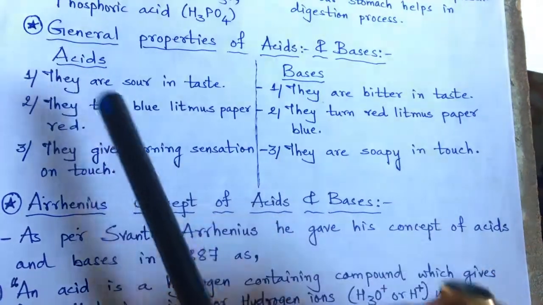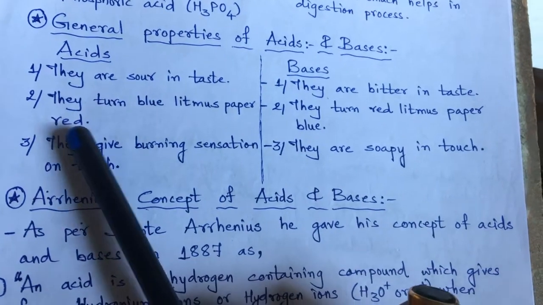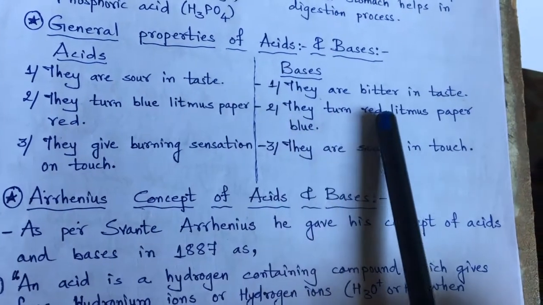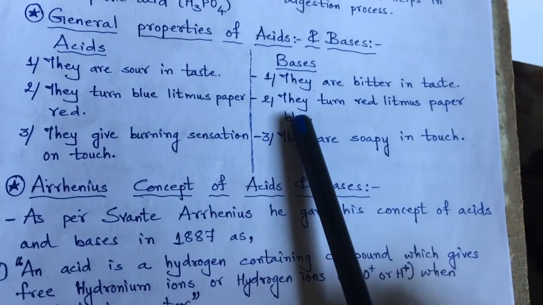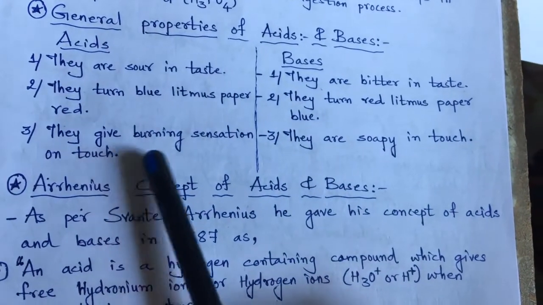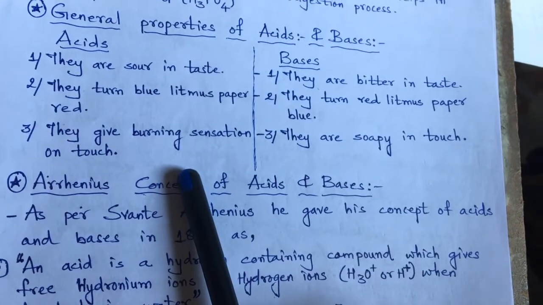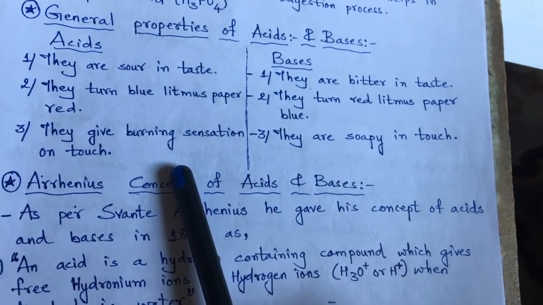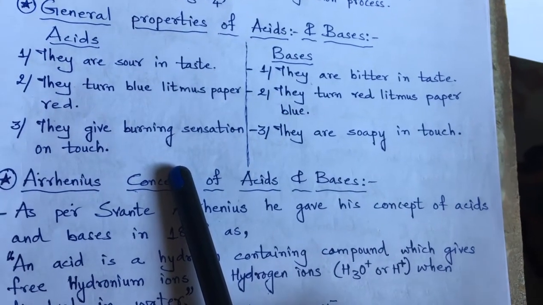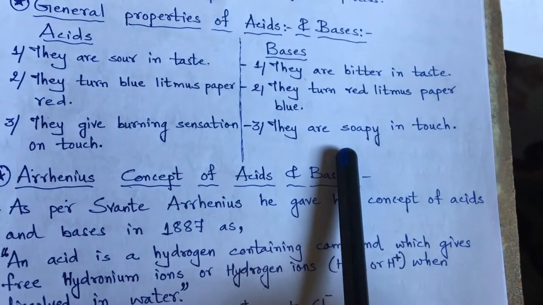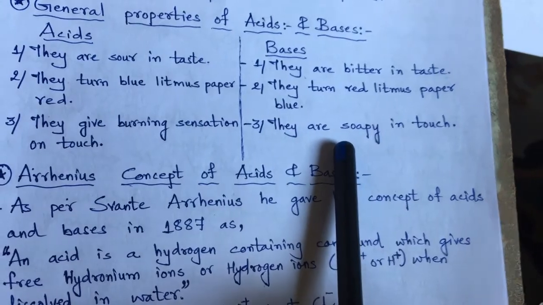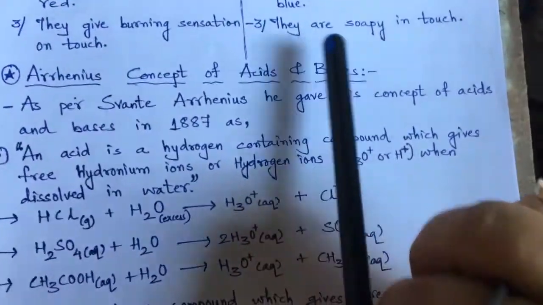A for acids turns B to R, and bases turn red to blue, that is R to B. So red turns to blue. And acids give a burning sensation when we touch. Actually we should not touch, but I am giving this as the property, it is a burning sensation, and bases are soapy to touch. It seems like we are having a soap in our hand.